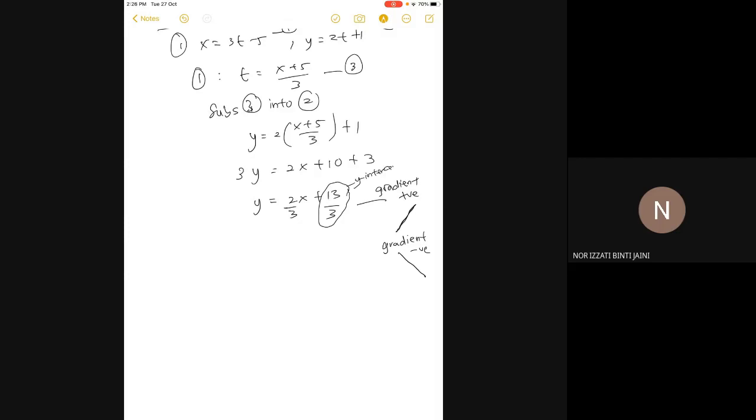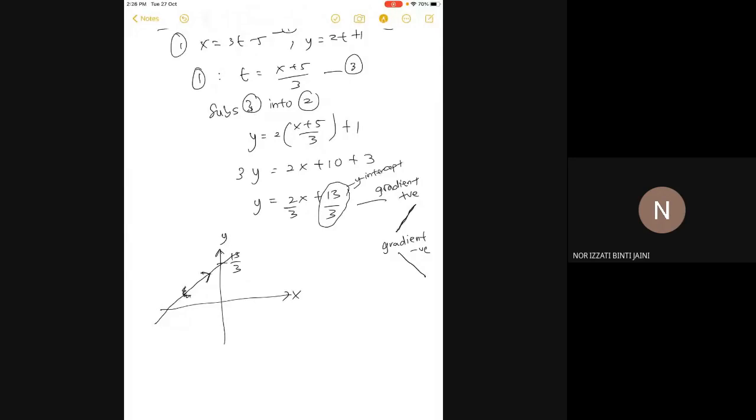And then you dapat dah dua benda ni, you boleh buat dah straight line. Kenapa you boleh tahu ni straight line? Sebab y is to the power of 1, x also to the power of 1. Okay. So 13/3 katalah kat sini, and then it is straight line. Okay, tinggal lagi you nak cari dia menaik ke atas ke menurun ke bawah. So untuk ini jawapan dia ke atas kan.